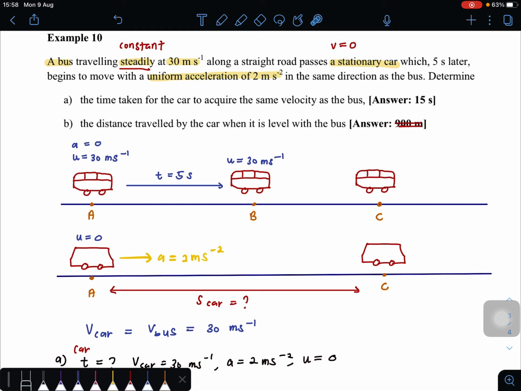So basically, this is the first point where they are at the same level, meaning side by side.